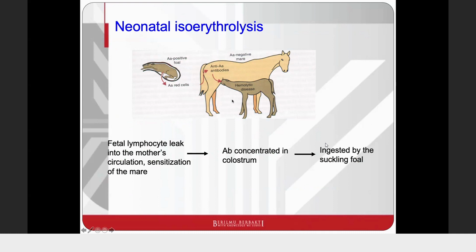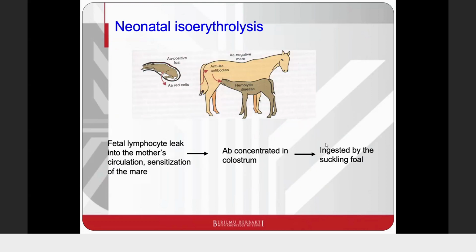So usually it happens during the second foal, if the mare has an AA positive foal, during second foaling. When the second foal ingests the colostrum, it will cause the antibodies to destroy the RBC in the foal, and then cause hemolytic disease.